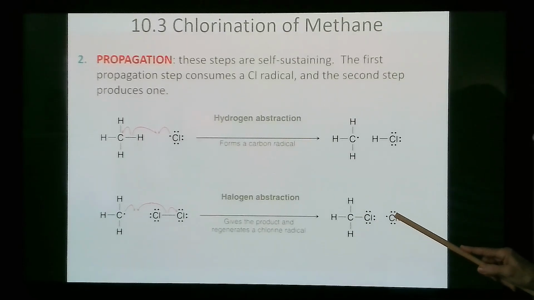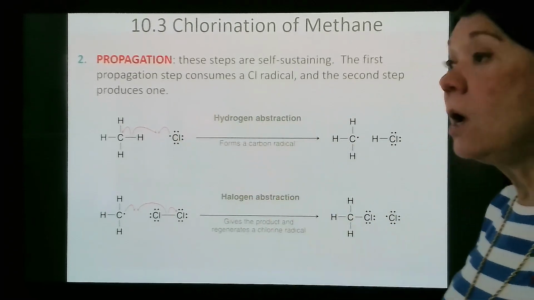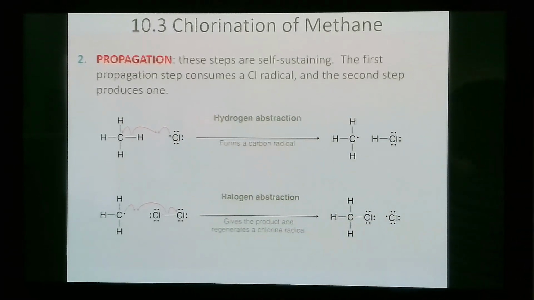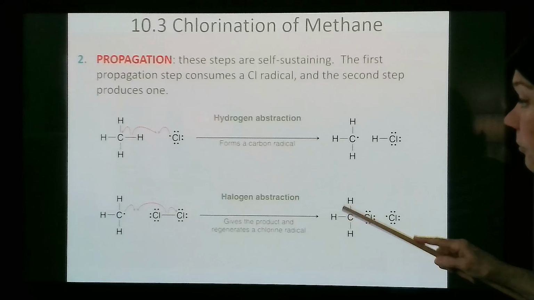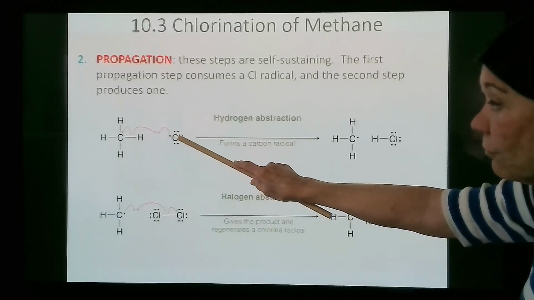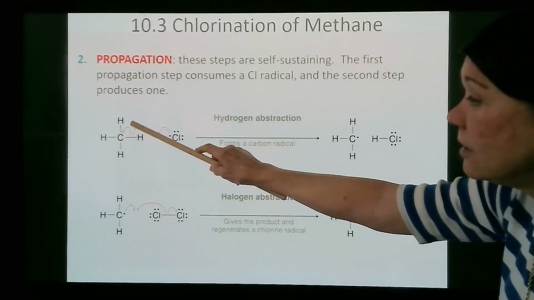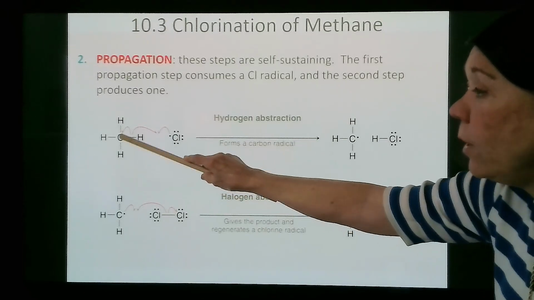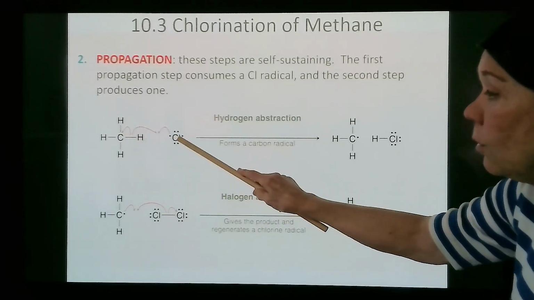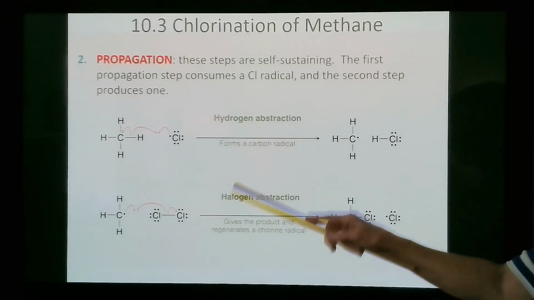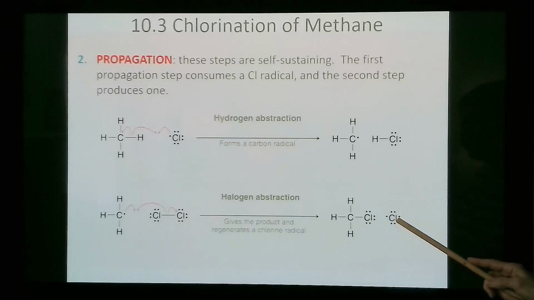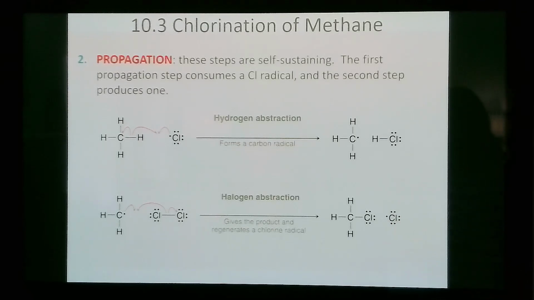And then Cl dot goes back up here. So what the propagation steps must do is regenerate the radical up here. Whatever the radical is that is needed to start the reaction with your reactant, it has to be regenerated down here in one of the later steps. It doesn't always have to be the last step, but usually it is the last step.